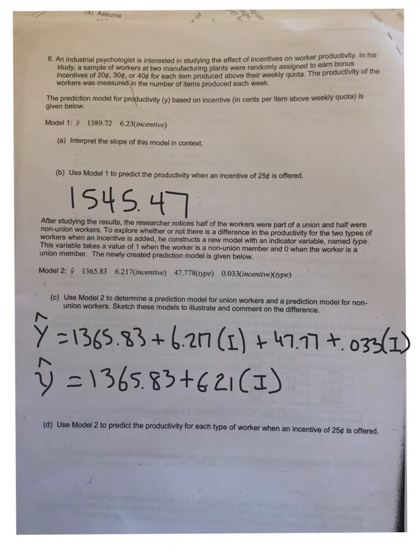And as you could probably guess, the non-union worker is going to produce more. And then the last one, letter D here, is we're just going to take 25 and plug it in where the I is to figure out the difference between a union worker and a non-union worker. Okay, clear as mud.